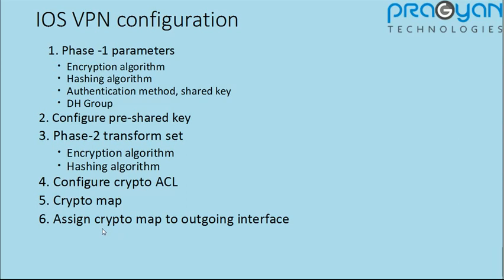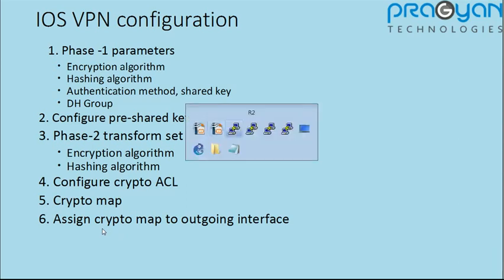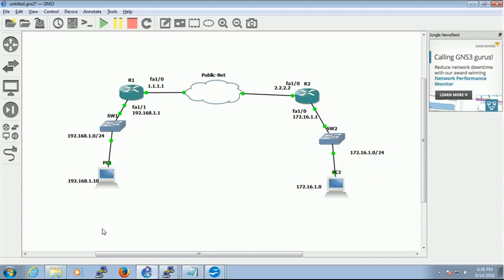Now let us look at the topology diagram that we're going to use. I'm using GNS3, and I have created two VPN gateways, two routers R1 and R2, and in between I have a public network. The cloud represents the public network.